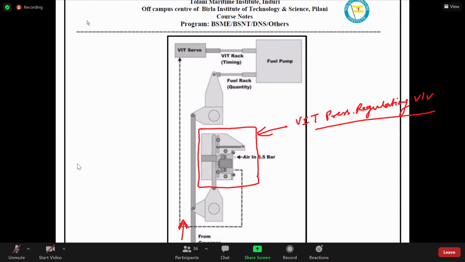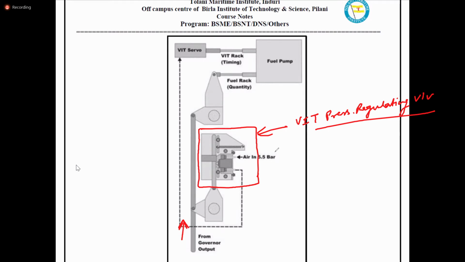So you have some pressure regulating valve. You have a 5.5 bar air inlet. But the output of the air will vary according to the load. If the load is more, the governor output will shift this.